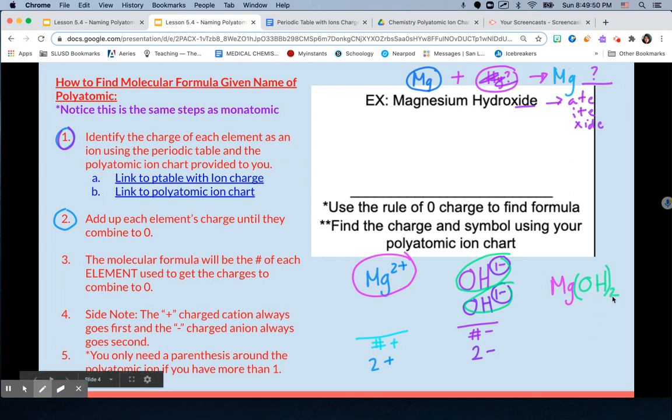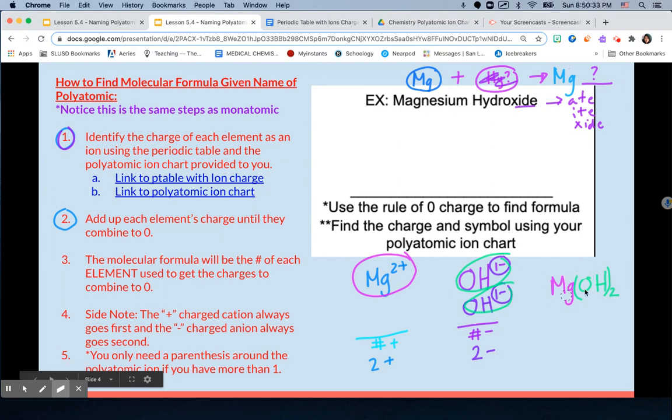And then I'm going to put the 2 on the outside. So this is kind of like the distributive property in math, right? So like 2 times 1 H is 2 H's. 2 times one of these O is 2 O's. So it kind of shows me that there are 2 OH's, not just 2 H's.